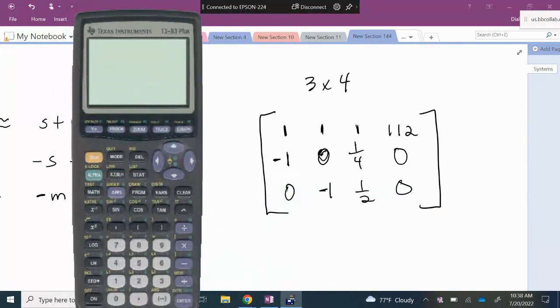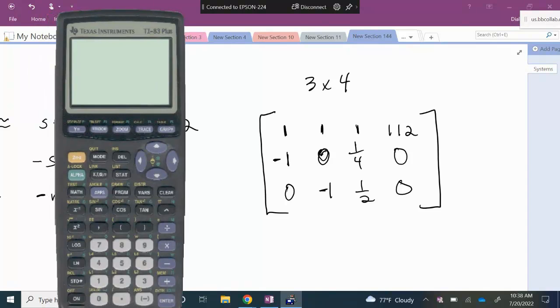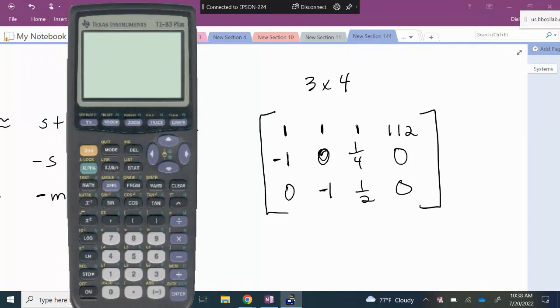All right, so we're going to put this in the calculator as a 3x4 matrix. I'm just going to clear that out and go over to edit.